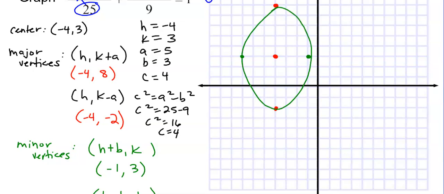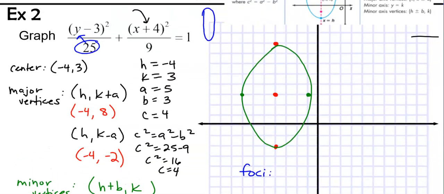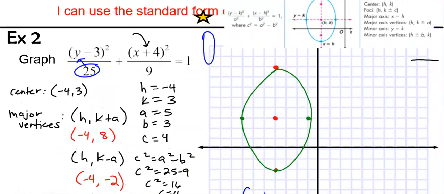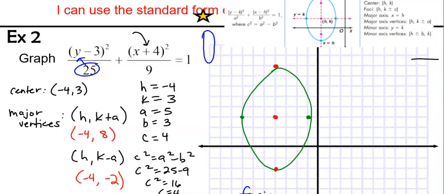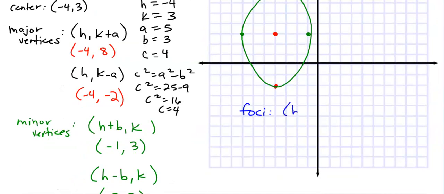I think most of the questions in your assignment are going to ask you to also find the foci, so let's do that really quick. So for a vertical looking one, your foci are going to be at H and then K plus or minus C. So H, K plus C and then H, K minus C. So H is -4. K plus C would be 3 plus 4, 7. And then H is -4.